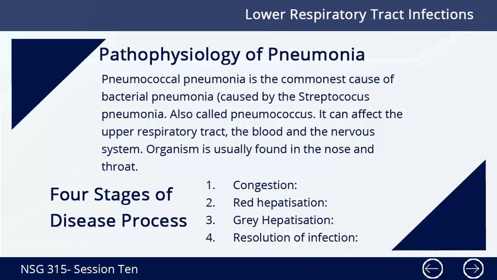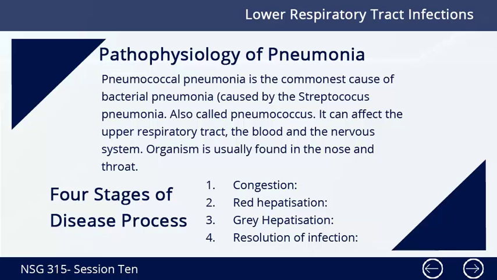Number 1, congestion. After the organism reaches the alveoli, there is an outpouring of fluid into the alveoli. The organisms multiply in the serous fluid and the infection spreads. The pneumococci damage the host by their overwhelming growth and interfering with lung function.